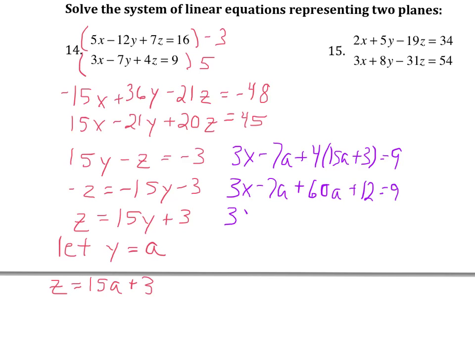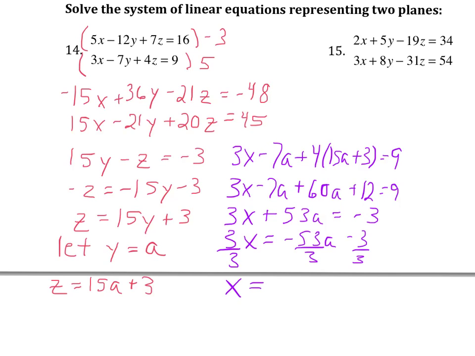So 3x plus 53a equals negative 3. So 3x equals negative 53a minus 3, and dividing by 3 gives us x equals negative 53 thirds a minus 1.